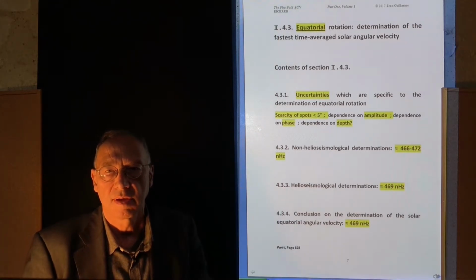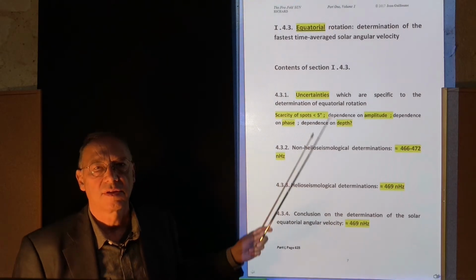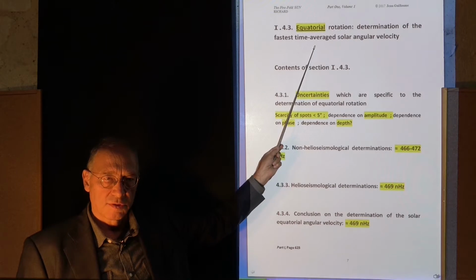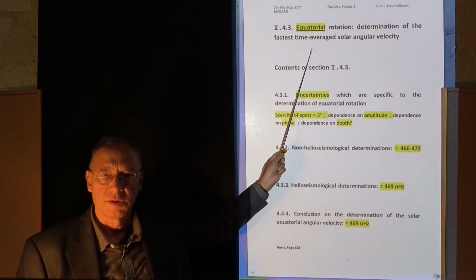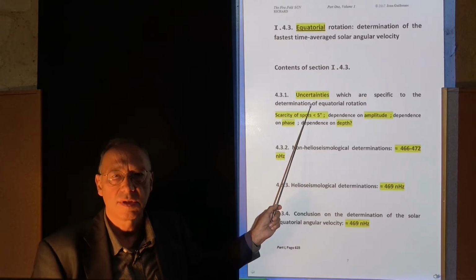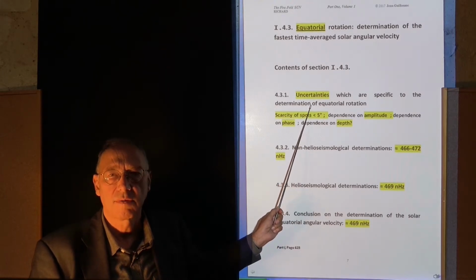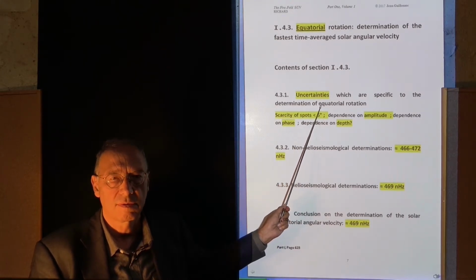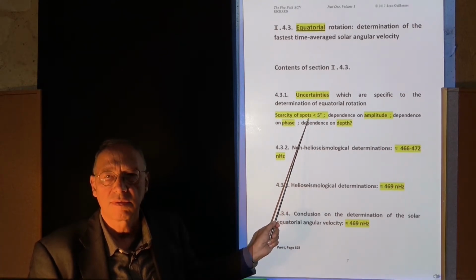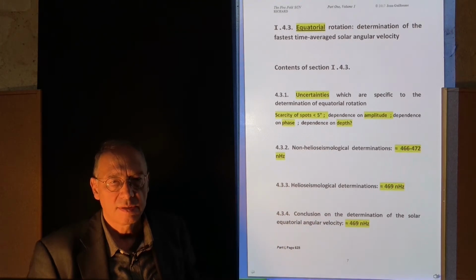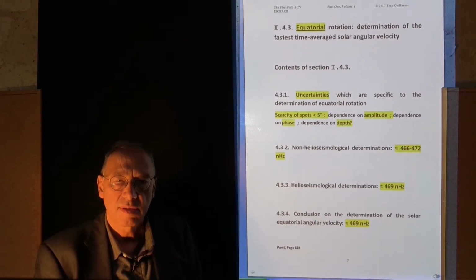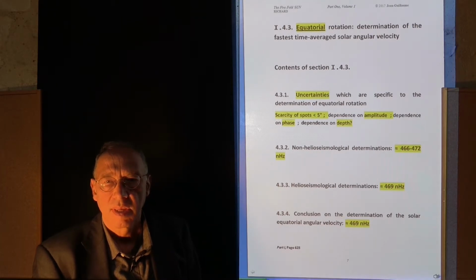What is the fastest time-averaged solar angular velocity, which is to be found in the equatorial regions? There are uncertainties which are specific to the equatorial rotation. There are again a few spots in this region. There is dependence on amplitude of the cycle, phase of the cycle, dependence on depth as well.